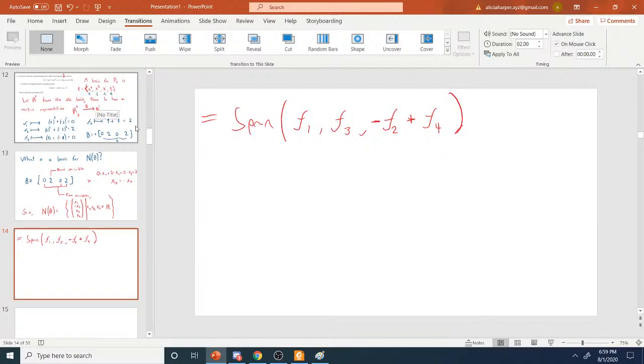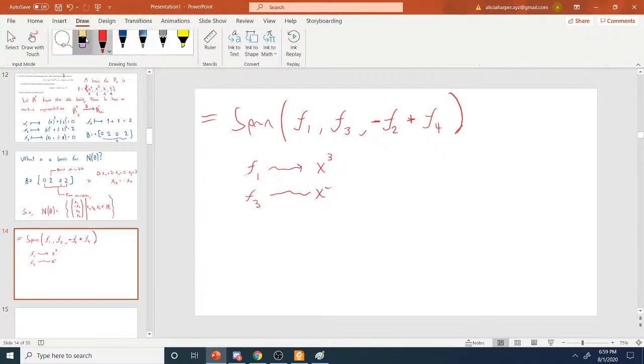So recall that f1 corresponds to x cubed, f3 corresponds to x, and minus f2 plus f4 corresponds to negative 1 plus x squared.